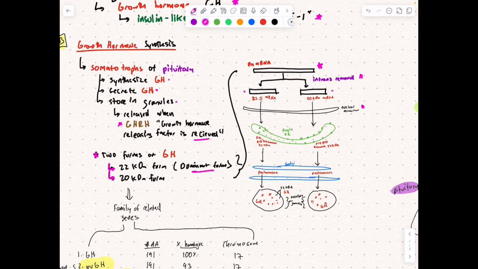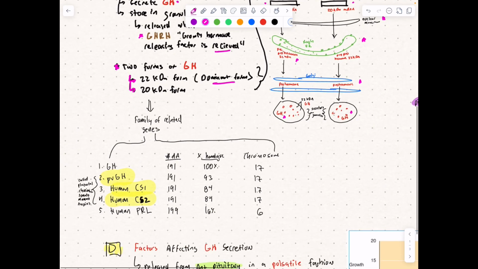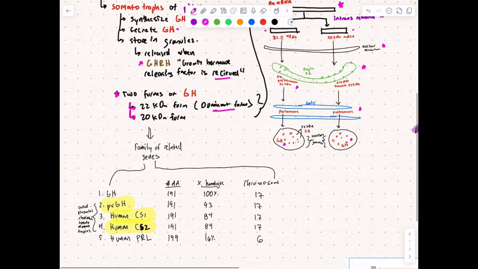They leave the nucleus, go to the rough ER, become a pre-pro hormone. Then they get modified inside of the Golgi and stored as different versions of the growth hormone in secretory vesicles. Eventually they will get released once the somatotroph has received GHRH from the hypothalamus.